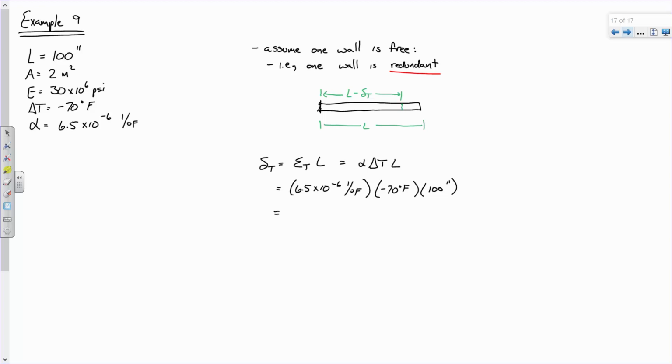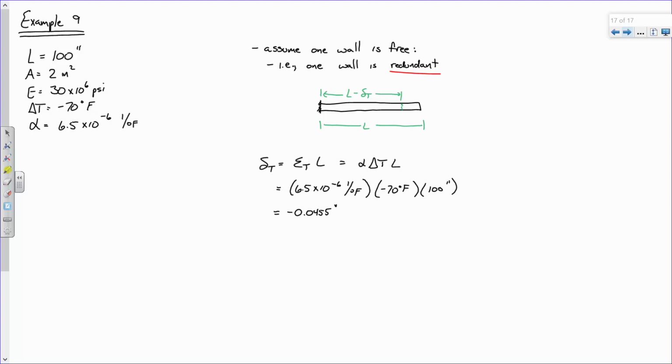So what's that deformation come out to be? It'll be small, it's okay. Something like that?